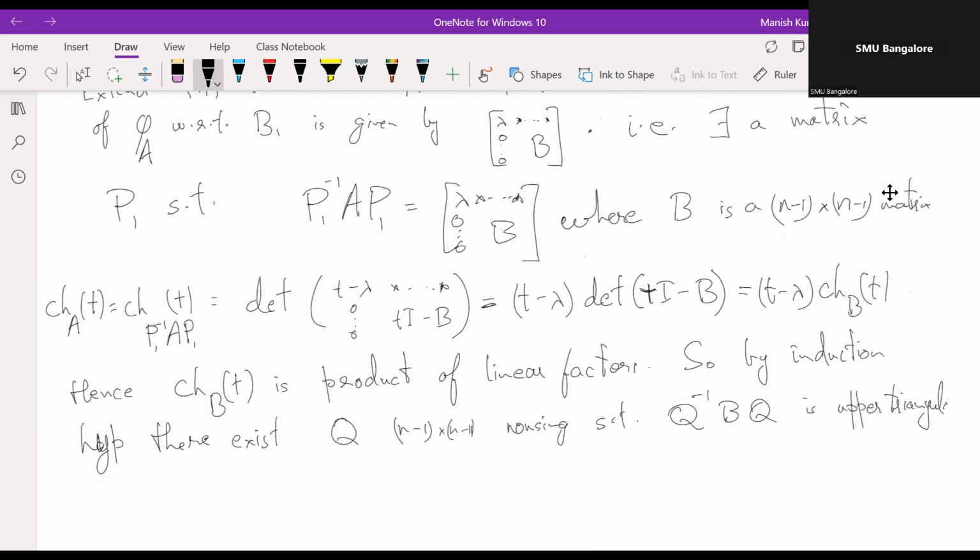This is what the induction hypothesis gives you. Now we'll have to combine this information. So what do we do?